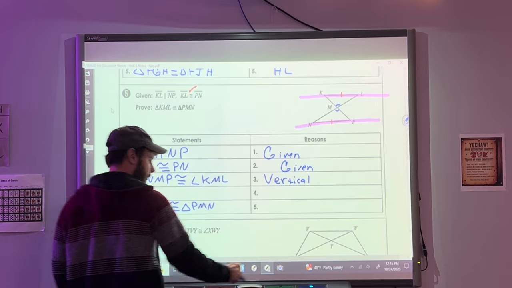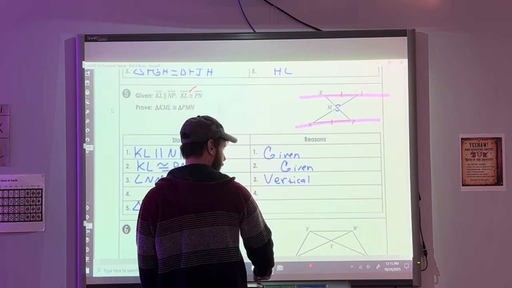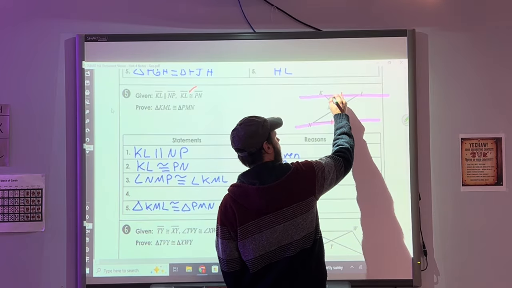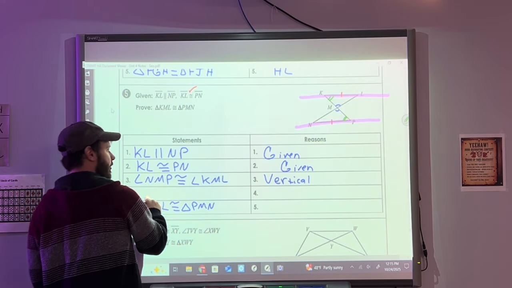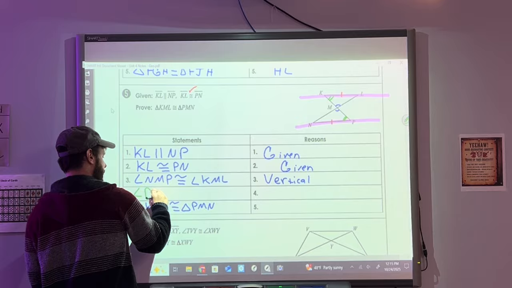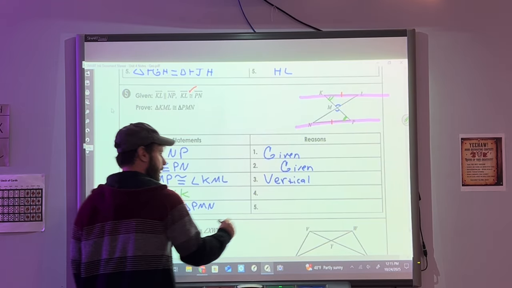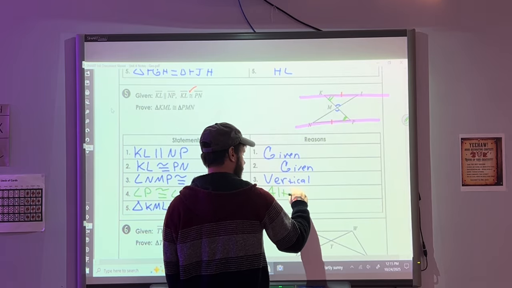And then I have an angle relationship. If these are parallel, that one's going to match that one because they're alternate interior. So I could say that angle P matches angle K because alternate interior.